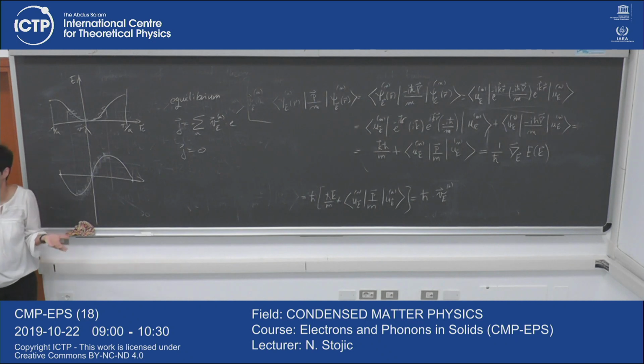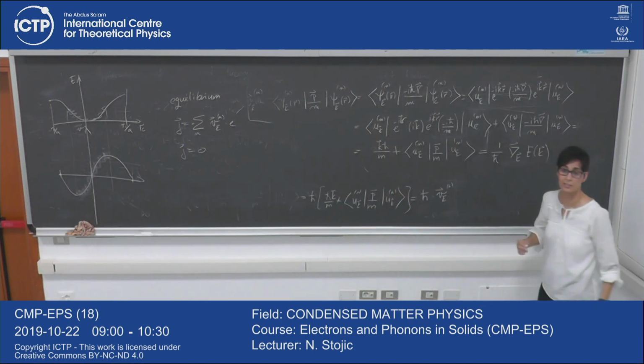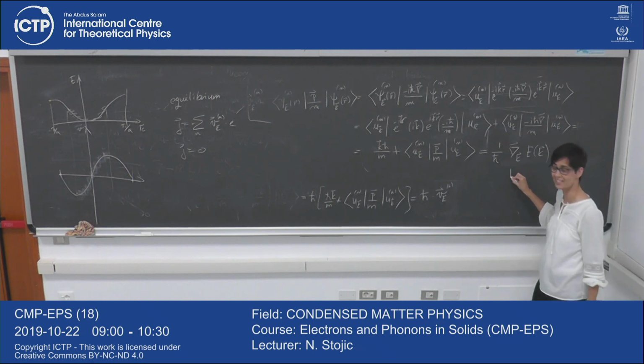But this is not so surprising. We know that if you have a copper crystal, there is no current if it's in equilibrium, no? So we just confirm what we knew, and we can actually derive it. Sorry, I forgot to say, this is called the Bloch velocity. Not surprisingly, I suppose.